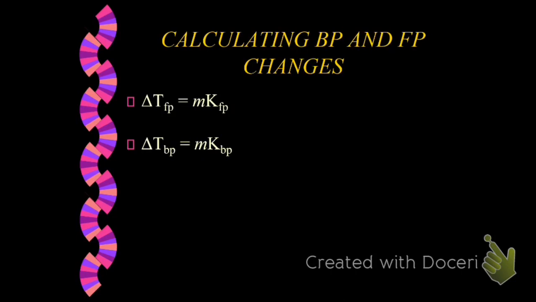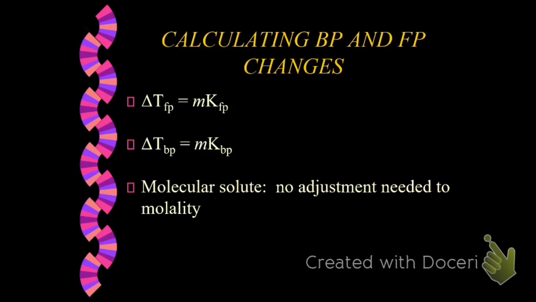The other thing that we have to tune into is the kind of solute that we have. If it is a molecular solute, it dissolves, but each of the molecules stay together. So whatever the molality is for the solution, we don't need any adjustment.